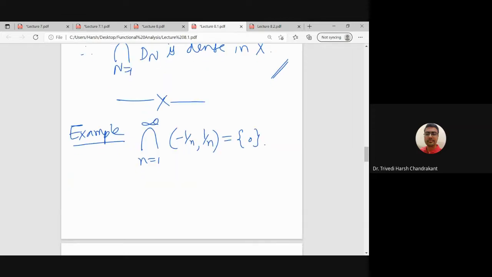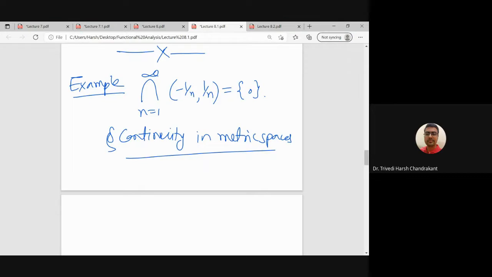Okay, so one result we want to discuss next is regarding continuity in metric spaces. We know that if we have metric spaces, then we can define continuity the same way we define it in the usual R2 or real numbers.